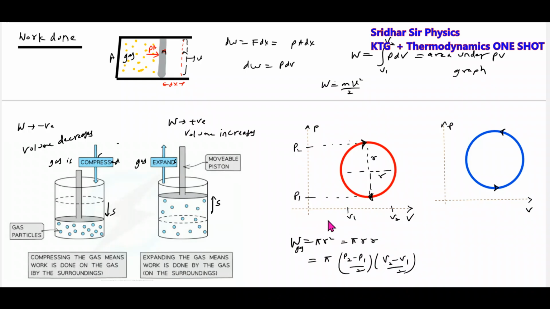The work done by the gas will be positive when it is clockwise, and negative when it is counterclockwise.